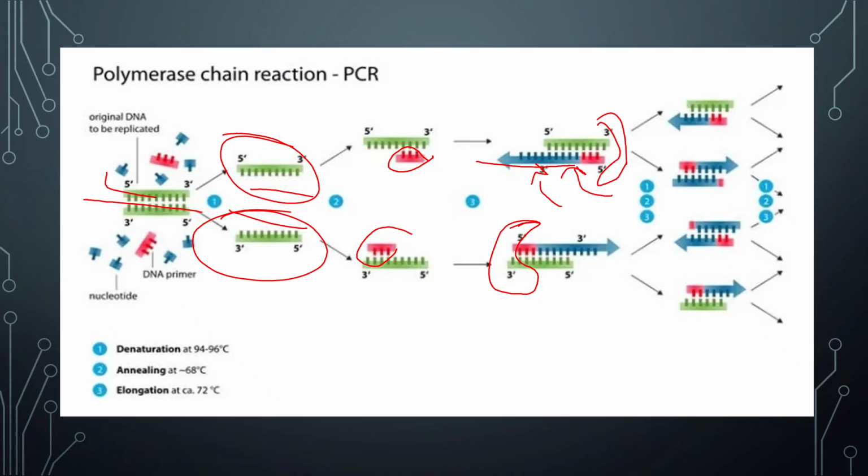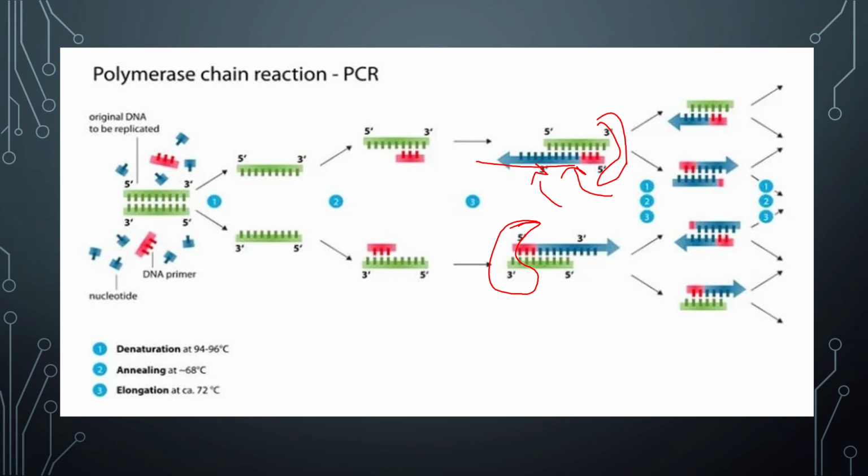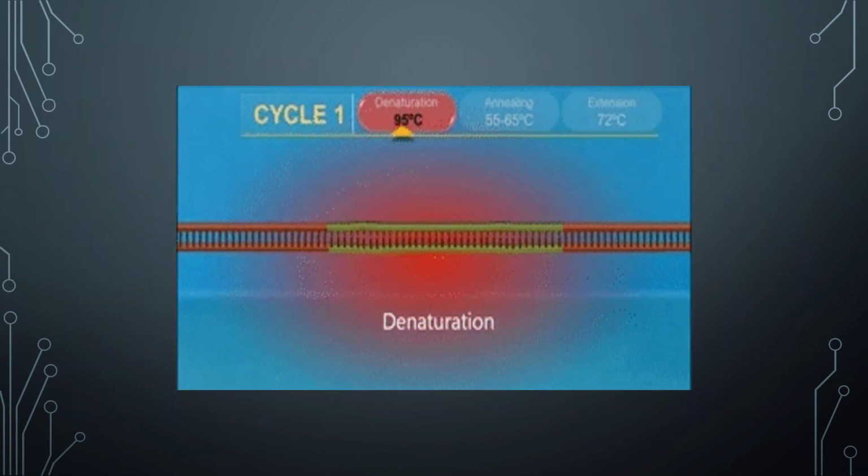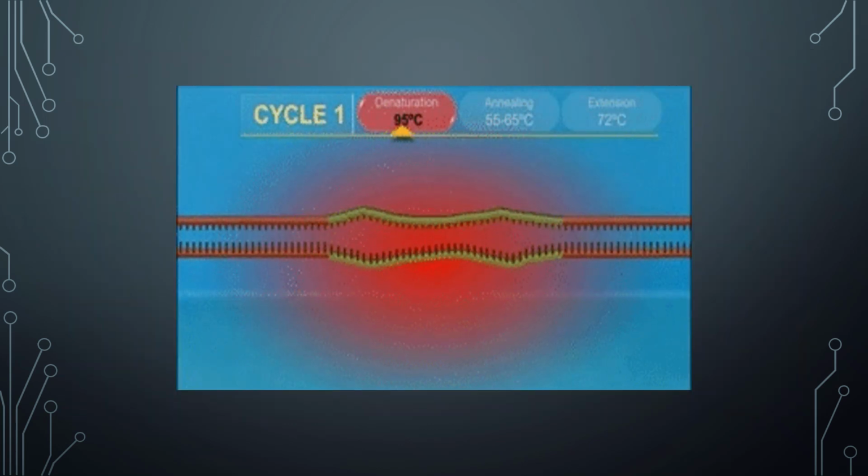The annealing, adding of the primers, occurs at 65 to 68 degrees Celsius. Then elongation, or extension by Taq polymerase, occurs at 72 degrees Celsius. Now let's go further. Once again we'll see it in a detailed structure.